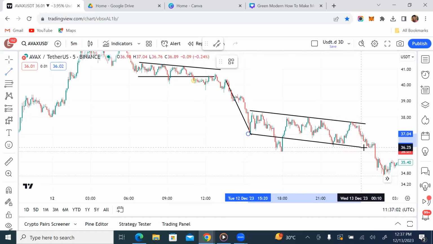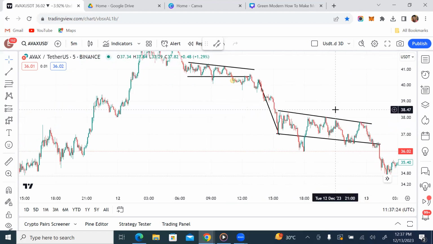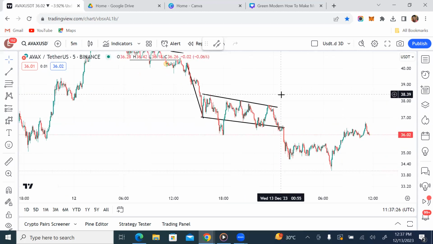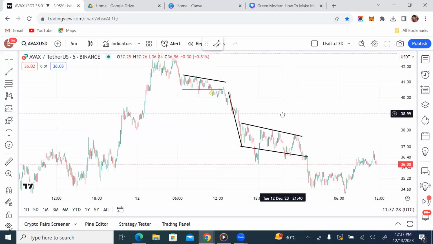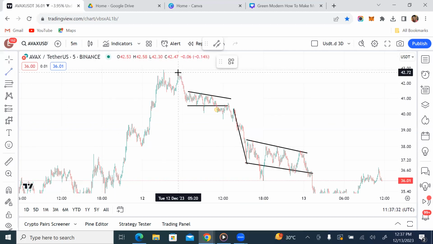We started forming lows after liquidity was taken. Liquidity was taken from here, had a break of structure, and instantly price went back up again. Liquidity was swept. Instead of breaking structure, we started trending downwards, showing you that price is now willing to drop. So this is a classical bearish flag.